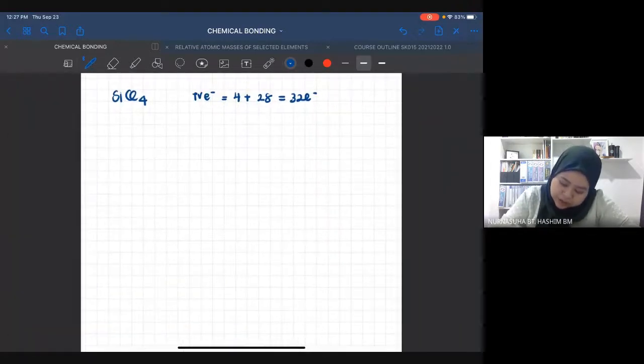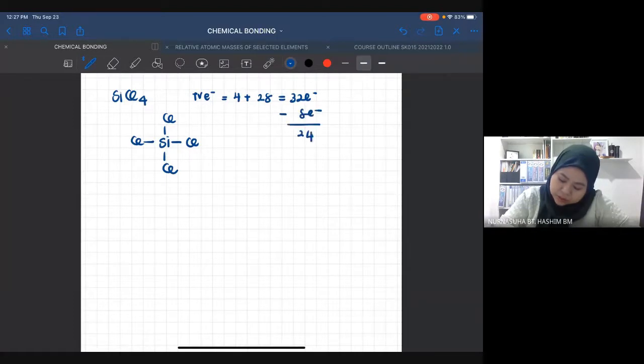Okay, so we draw the skeletal first. SiCl4, minus 8, so 24.